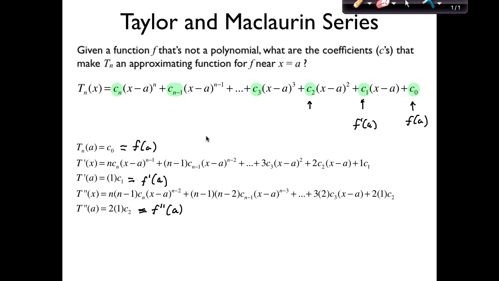Yeah, so in order for the second derivative at a to be correct, c2 would have to be f double prime of a divided by 2. I'm going to write 2 times 1.